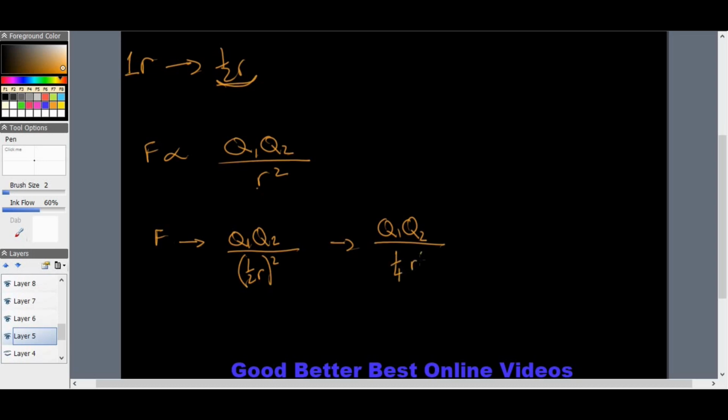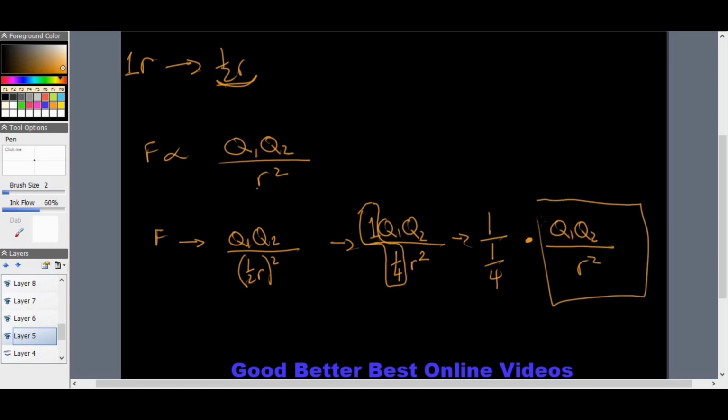R squared. Now what number is invisible on top? There's a number invisible on top here. What would that be? It's number 1. We have a fraction, 1 over 4, multiplied by Q1 Q2 over R squared. Obviously we know where this comes from.